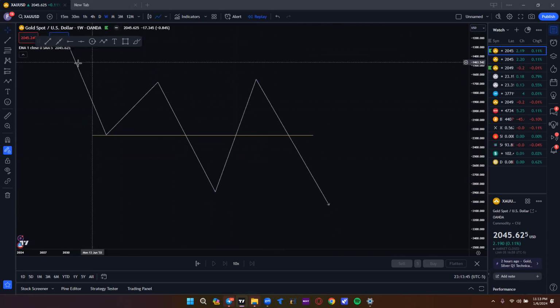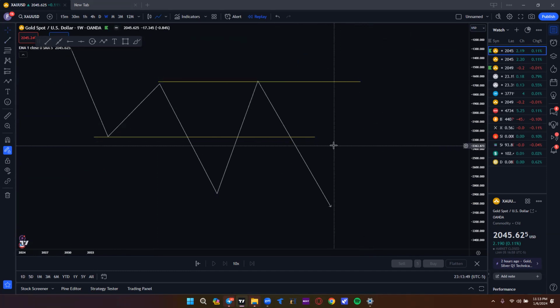And I'll show you examples of this as well. What I want you to know is that these are the two things that we're really monitoring: the breakout level and where the breakout came from. That is how you will determine whether you'll be bullish or bearish on that time frame.